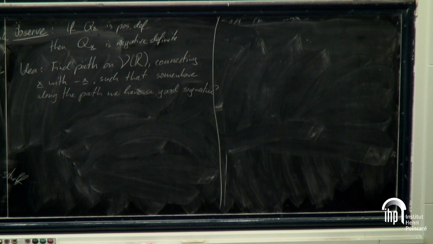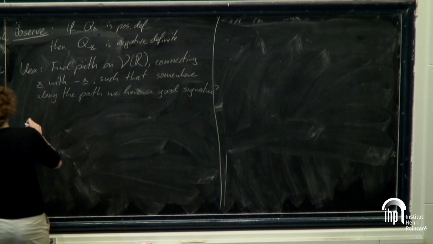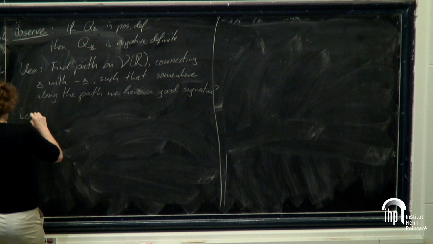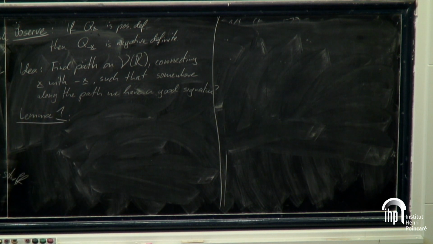So, well, does such a path exist? Well, it would be unfortunate if x and minus x were in different connected components. So do we have a connected component that contains both x and minus x? And one lemma is that, yes, there is such a connected component.